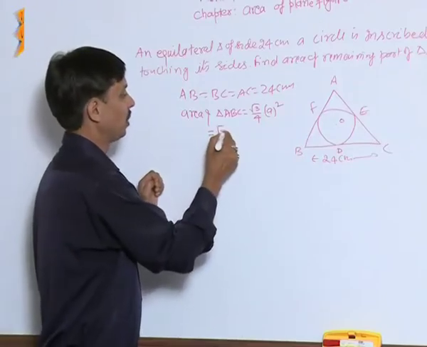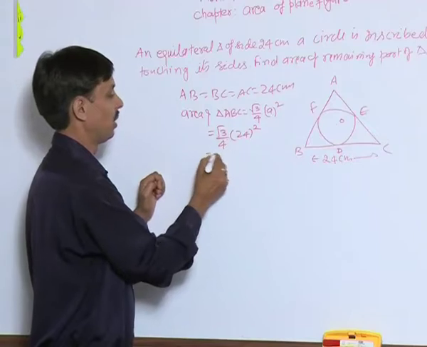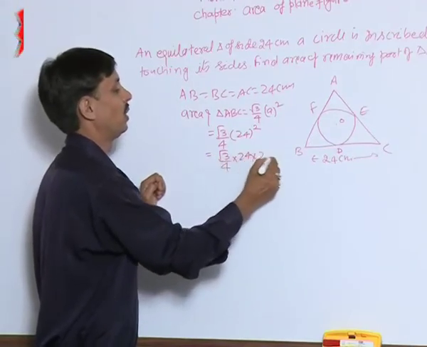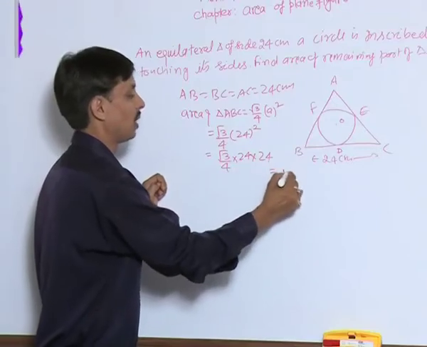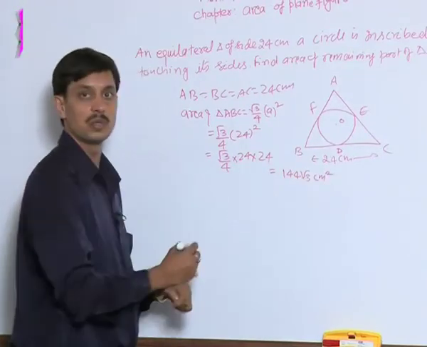This becomes root 3 by 4 into 24 whole square, which is root 3 by 4 into 24 into 24. So this gives the result 144 root 3 centimeter square.